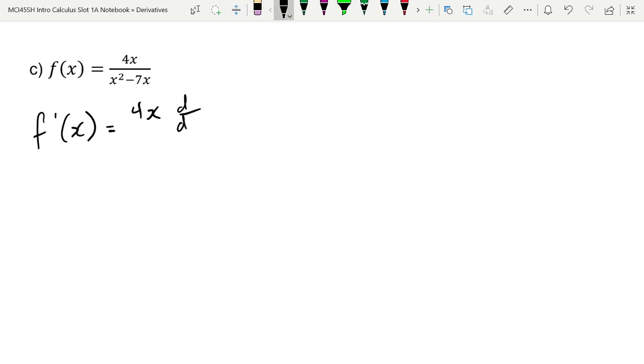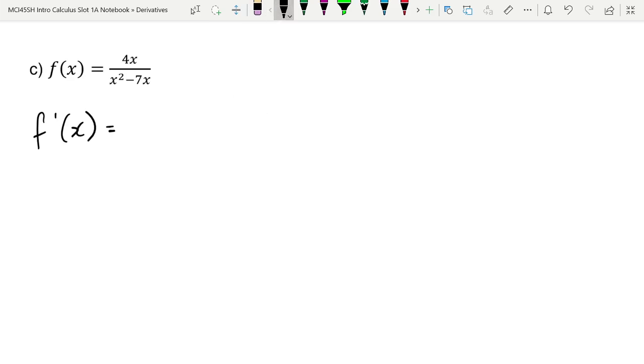So d by dx of x squared minus 7x. Right? Low d high minus, or high, I should say, hang on a sec. What am I doing here? That's the other way around. It's right the first time. Sorry.